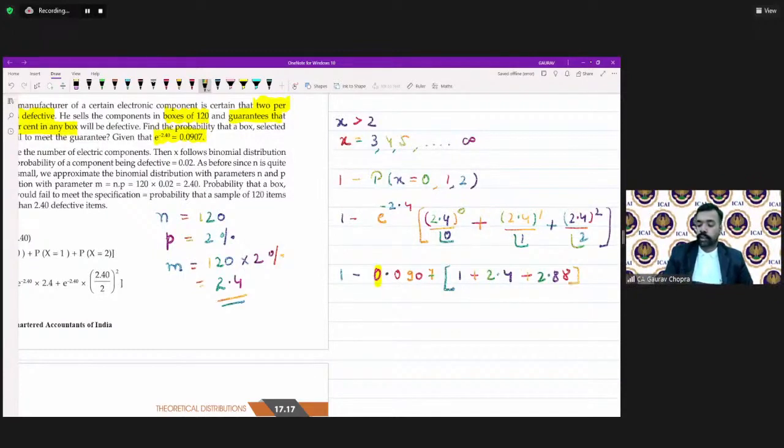Now check what the result is. So we are getting 0.430.